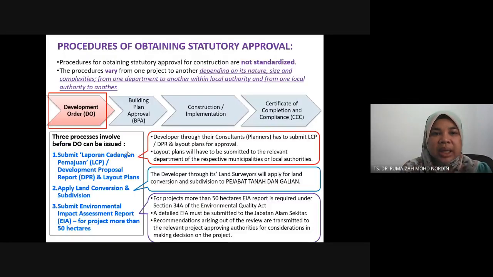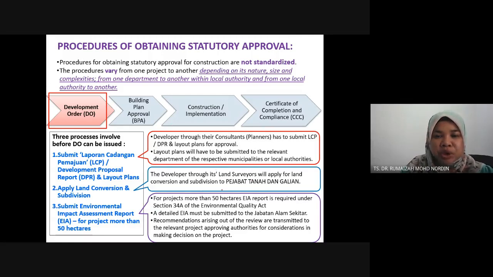Alright. And this development order has 3 processes. One, you need to submit the LCP. The developer, through their consultant, as I mentioned just now, in the real world you will actually hire a consultant to do this feasibility. The consultant will need to submit the development proposal report and the layout plans, and then apply for land conversion, land subdivision or land acquisition at the land office.